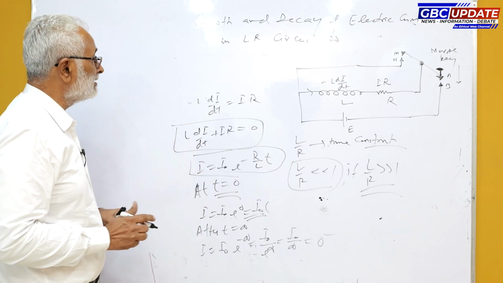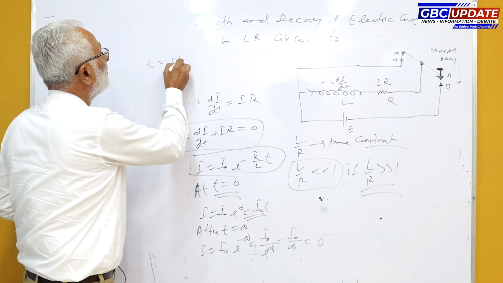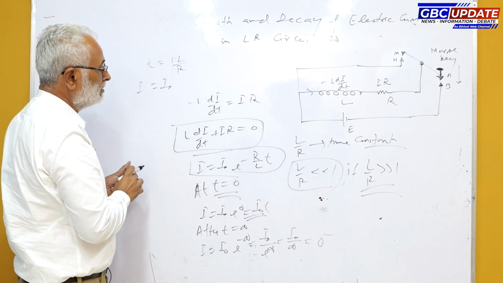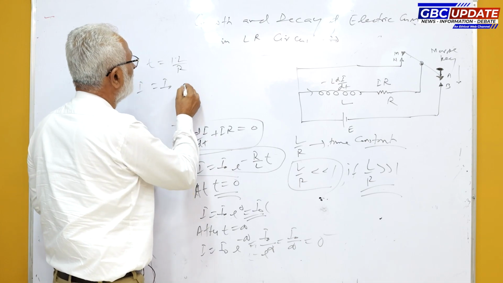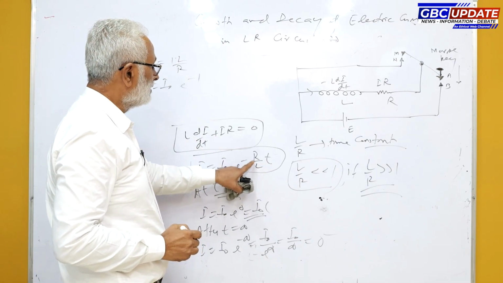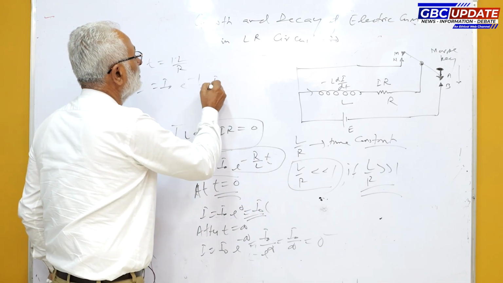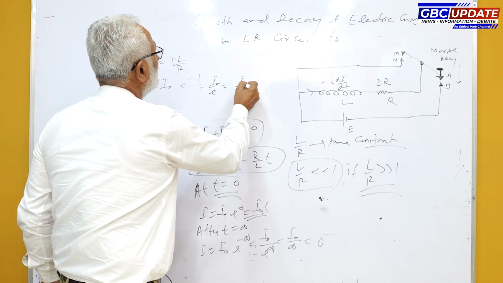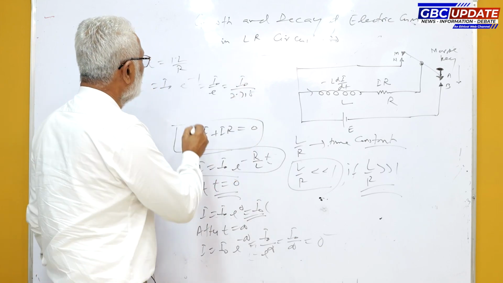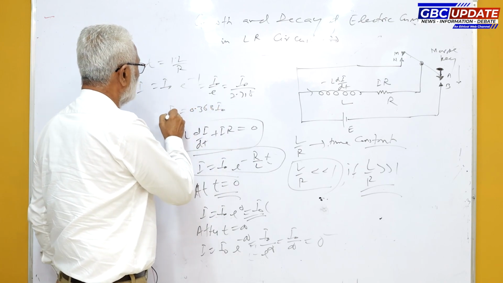Now from this relation, again after time t is equal to 1 L over R, electric current is given by I naught into e raised to the power minus 1, putting t is equal to L over R, so R over L into L over R gives e to the power minus 1. So I naught over e, or I naught over 2.718, or is equal to 0.368 of I naught.